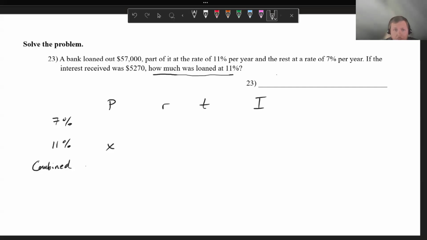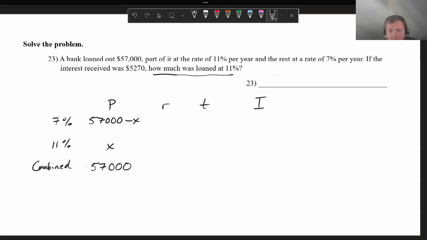And the total amount of money is $57,000. So to figure out the other one, you could call it Y, or just to get done a little bit quicker, we can call it 57,000 minus X, because the principal on the 7% plus the principal on the 11% should add up to the 57,000.